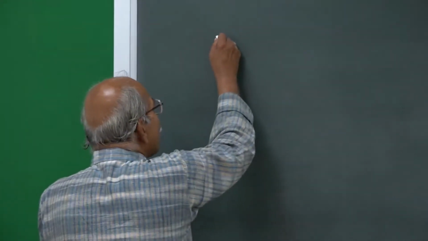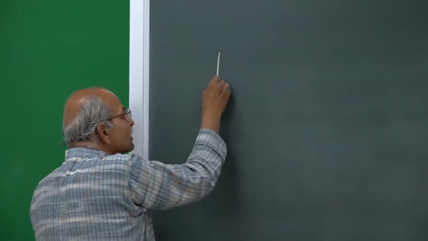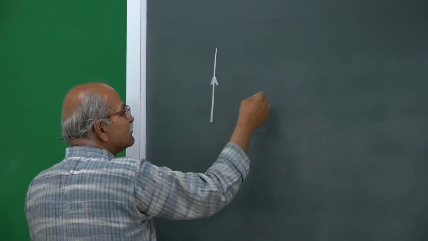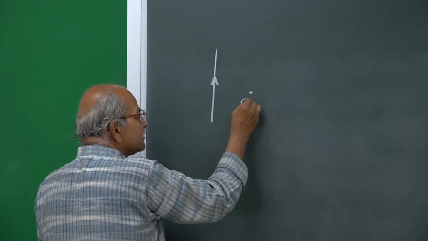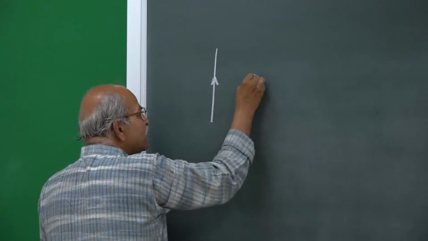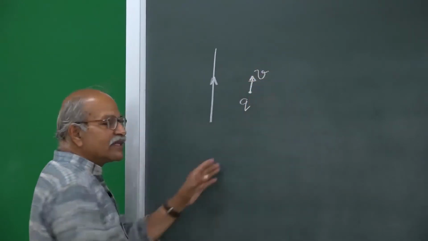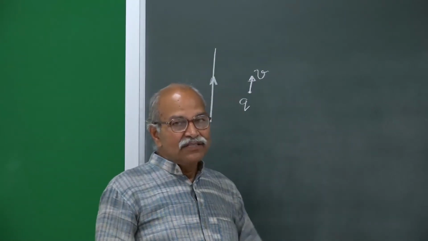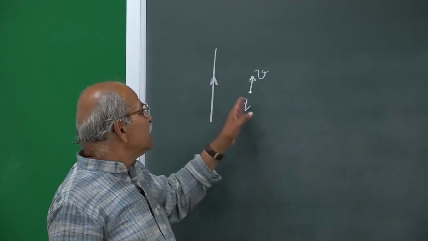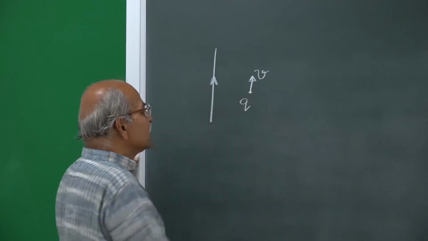Now, it is very interesting, and this question we face very frequently, that if I have a wire and this wire is creating some magnetic field, and I have a charge here which is going with a velocity v in the same direction as the current, positive charge you can assume, then because of the magnetic field there is a force.